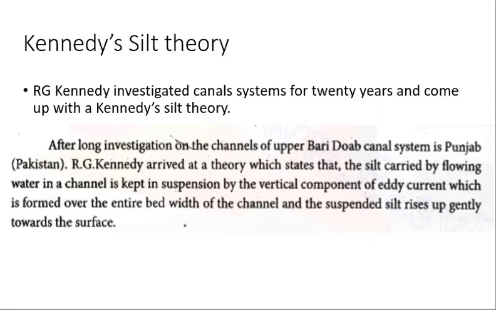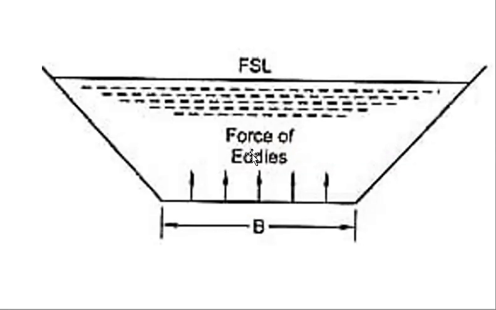So Kennedy's theory says the friction against the bed leads to eddies rising up to the surface, keeping the silt in suspension. And the silt supporting capacity is proportional to the bed width and not the wetted perimeter, as the sides will not support any kind of silt, right?